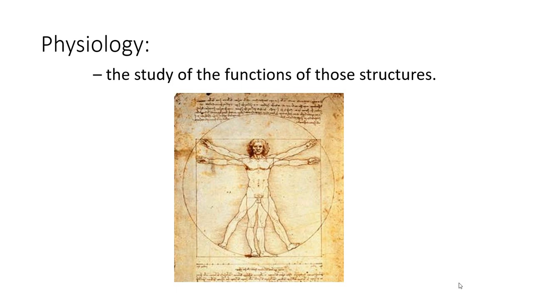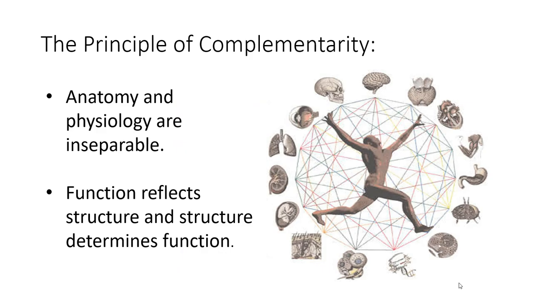Specifically, we're looking at the way that these items work and support functions of life. Most of physiology focus centers on the body's tendency toward homeostasis, or how we're able to maintain our homeostasis within our body. The principle of complementarity states that anatomy and physiology are inseparable. Function reflects structure, and structure determines function.